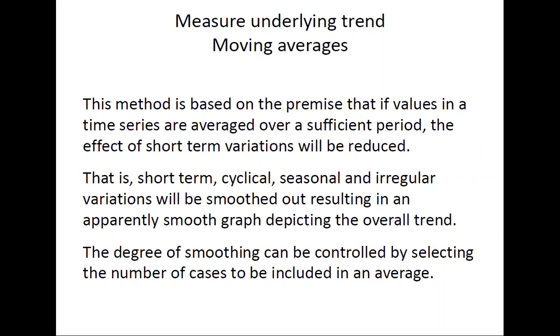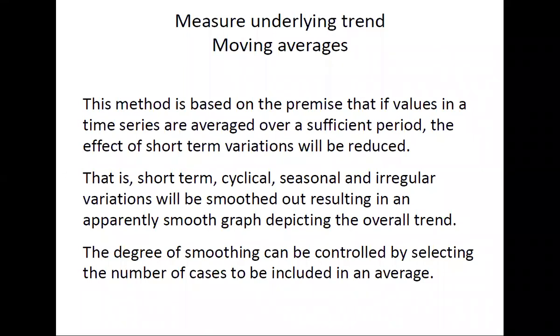What we mean by short-term variation is seasonal, cyclical, and irregular variations. Anytime we do moving averages, these variations are smoothed out, resulting in a smooth graph depicting the overall trend. So this gives us an indication of a trend, whereas the other variations are smoothed out of the data.